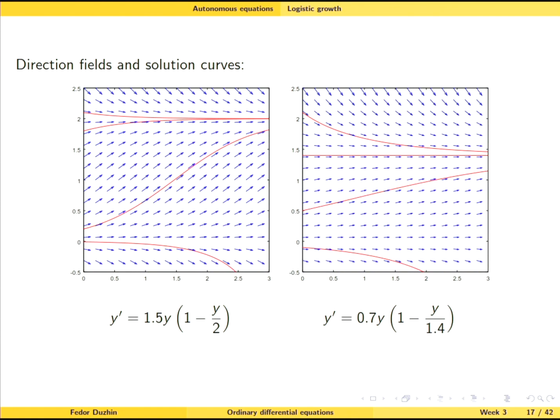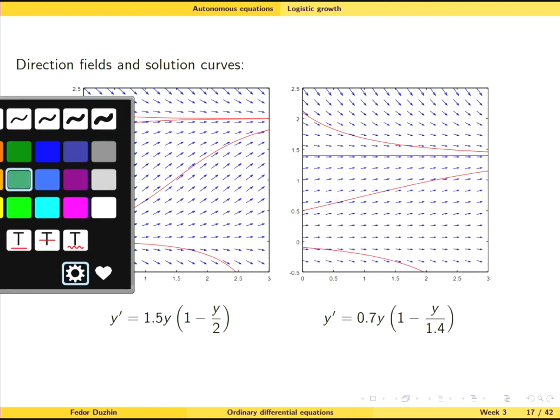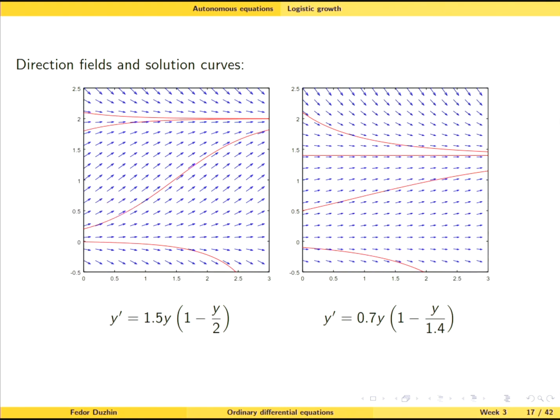So here is an example. We can easily extract the carrying capacity from the plot. Remember that y equals 0 and y equals K are always equilibrium solutions.